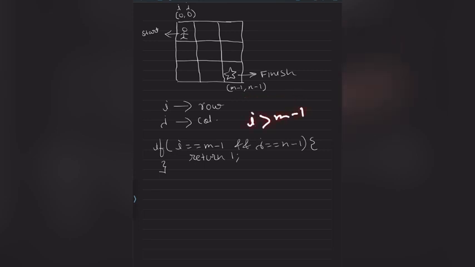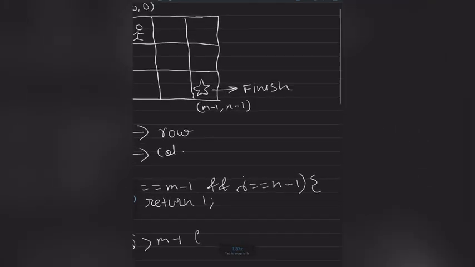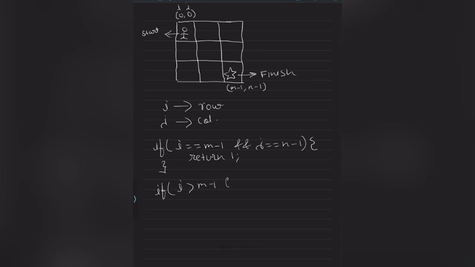minus 1. So for that we need to have an if condition, right? To avoid these wrong things, we can use this if condition. There we need to have a check that if i is greater than m minus 1, or, right?